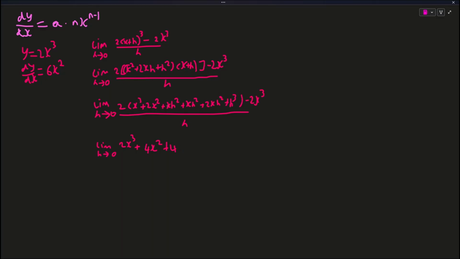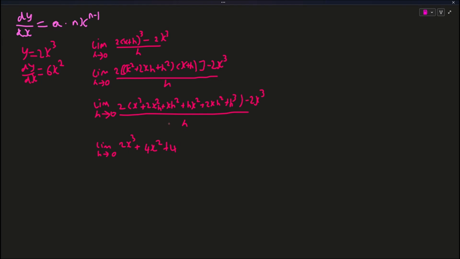Sorry, that should be 2x squared h, hx squared, plus h squared, plus 2xh squared, h cubed.